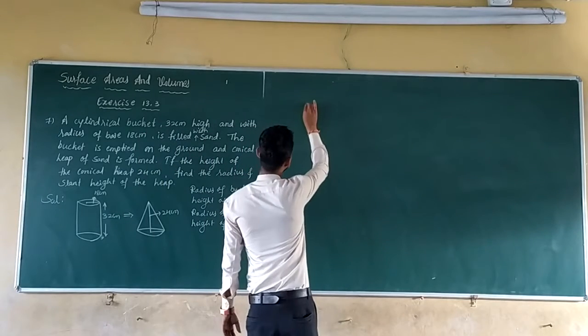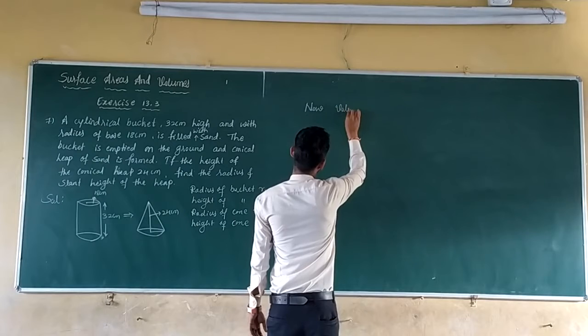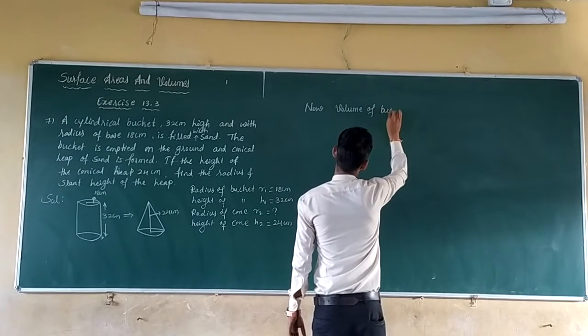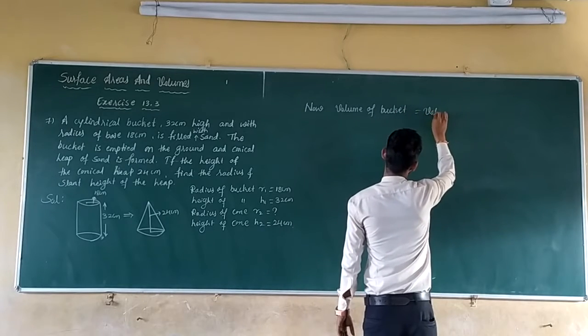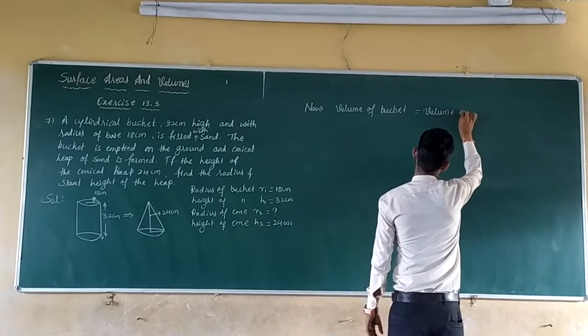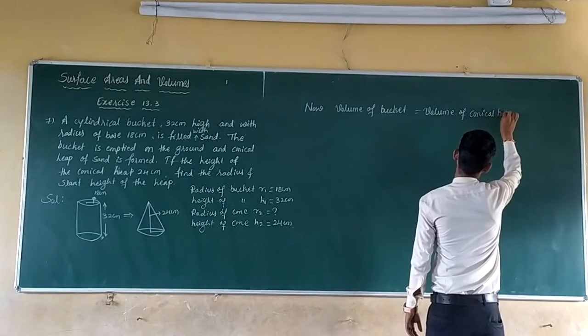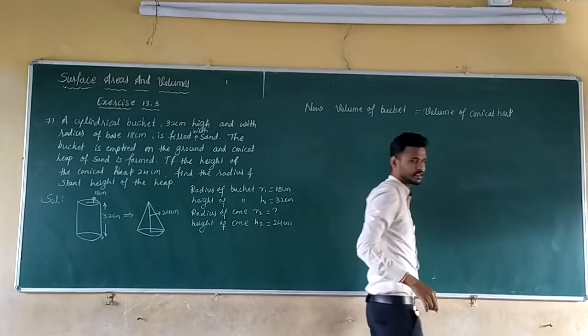So now, volume of bucket is the same as volume of conical heap. Means converting one shape into another shape, volume will be the same.